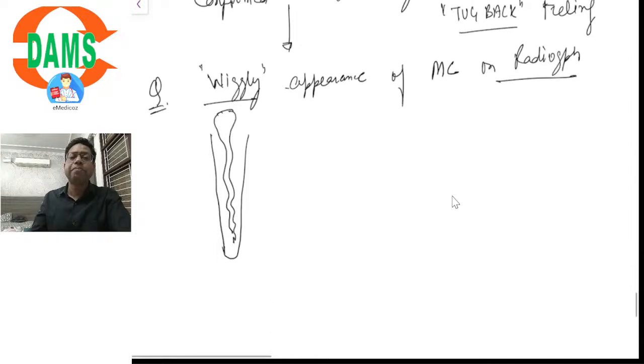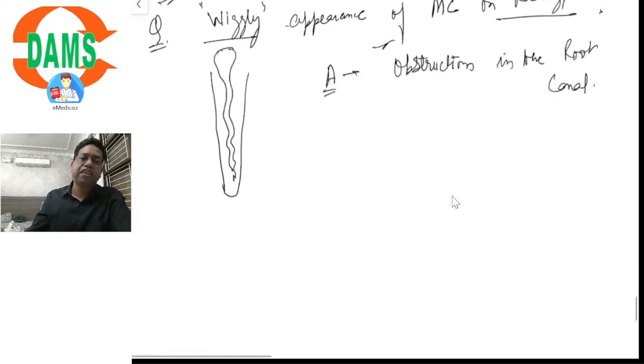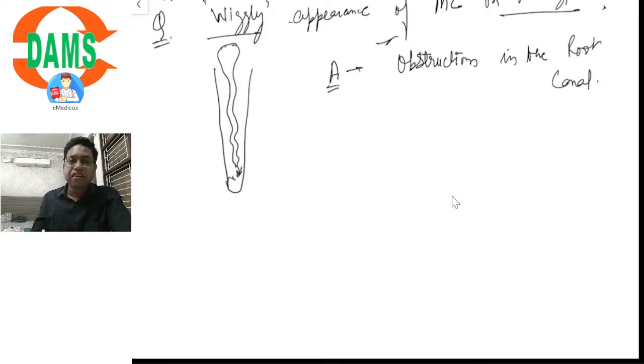This is called wiggly appearance, twisted appearance. Why does it happen? It happens due to obstruction in the root canal. So question and the answer, remember, like this. Due to some obstruction in the root canal, the cone fails to reach the full working length, and due to pressure on the cone, it has a wiggly appearance.